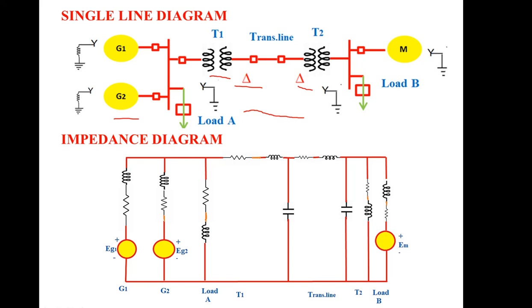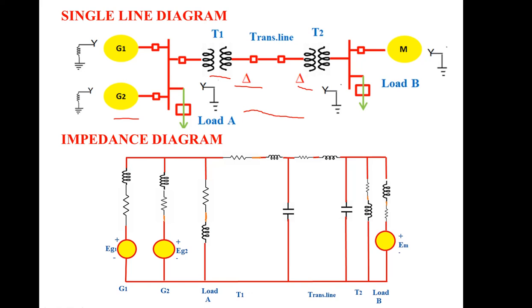From the single line diagram, we are going to change to the impedance diagram and the reactance diagram. Both are equivalent circuits of the power system, represented by their approximate or simplified equivalent circuit.